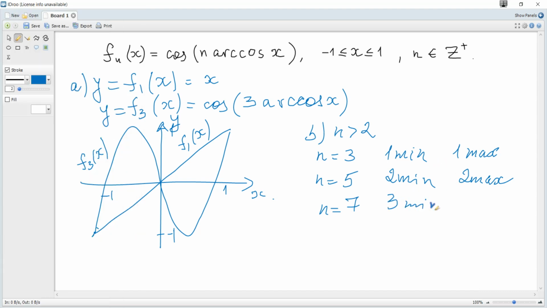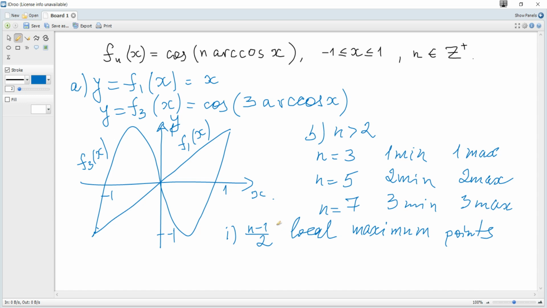3 minimum and 3 maximum, and we can suggest the general formulas. We can see that it's (n minus 1) over 2, the number of local maximum points.